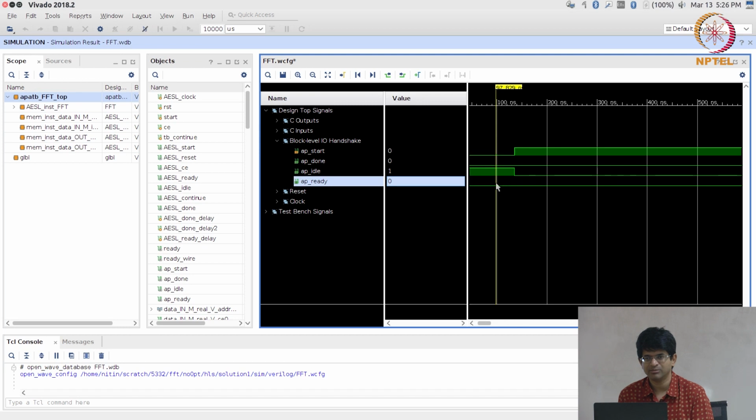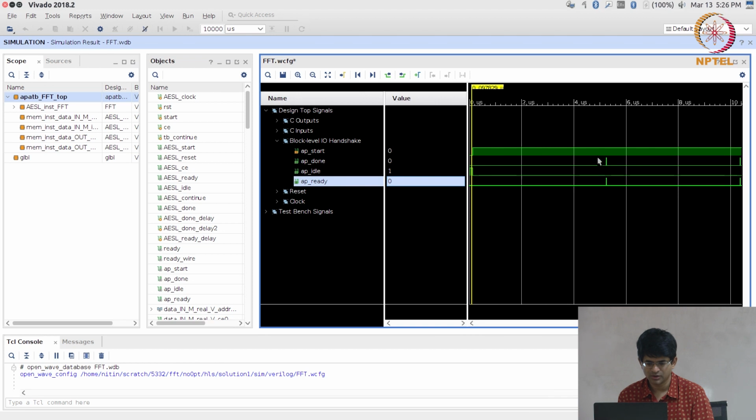Now this ready signal can be a little confusing. How did I give a start signal without seeing a ready signal equal to 1? If you look at how it gets implemented, it turns out that the ready signal sometimes comes only as a response to the start or the valid signal from the other side. So in some cases this can be a little confusing. To understand it properly, you will have to go back and look at the Verilog code to make sure it is doing the right thing.